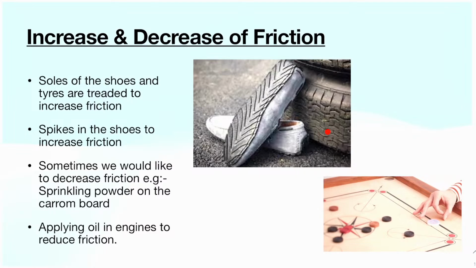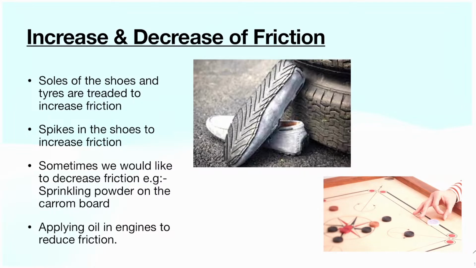So to increase the friction, they increase the threads on the soles of your shoes or slippers, as well as on the tires. Most of the shoes also have spikes. Athletes or people who play cricket or tennis all have shoes with spikes, which give them good grip, so that when they are running, they do not skid and fall down.